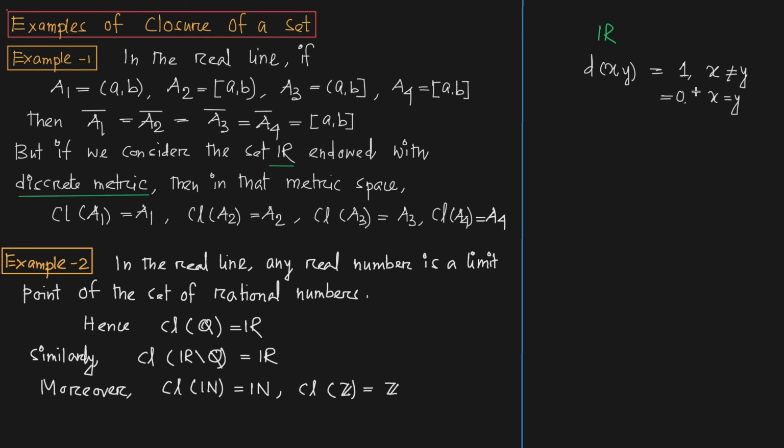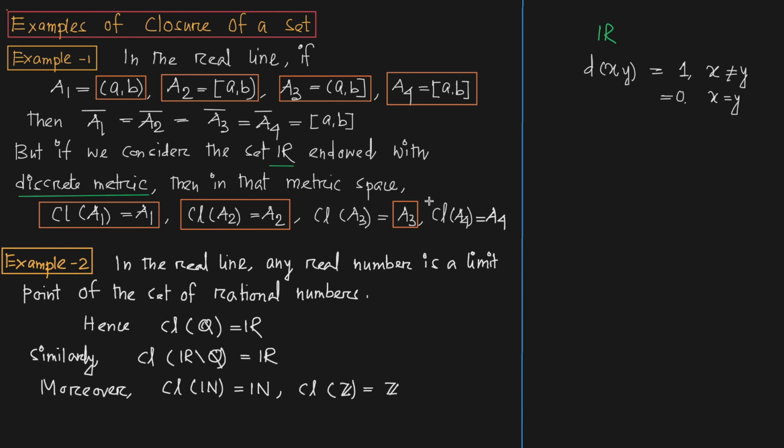So if we consider the set R with the discrete metric, then closure of A1, that is the open interval AB, will be the open interval AB. Closure of A2, the semi-open interval, is also the semi-open interval. Closure of A3 will be A3, and closure of A4 will be A4.